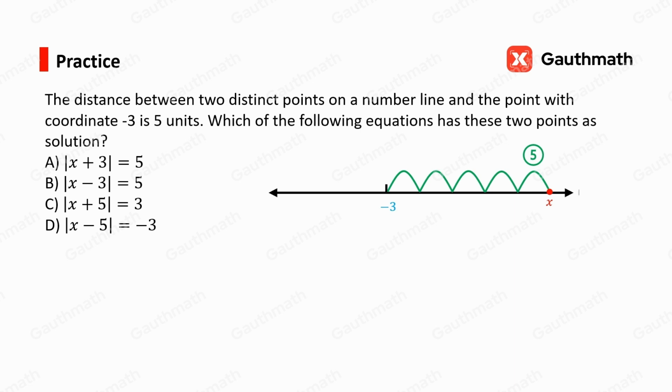Actually there should be another X on the left side, but that's the topic afterwards. Remember, to find the distance of 2 points, we need to find the difference of these two. So the operation inside the absolute value symbol is subtraction. We are going to subtract -3 from X, and that equals 5. Then we simplify, and we get the absolute value of X plus 3 equals 5. So that's A.